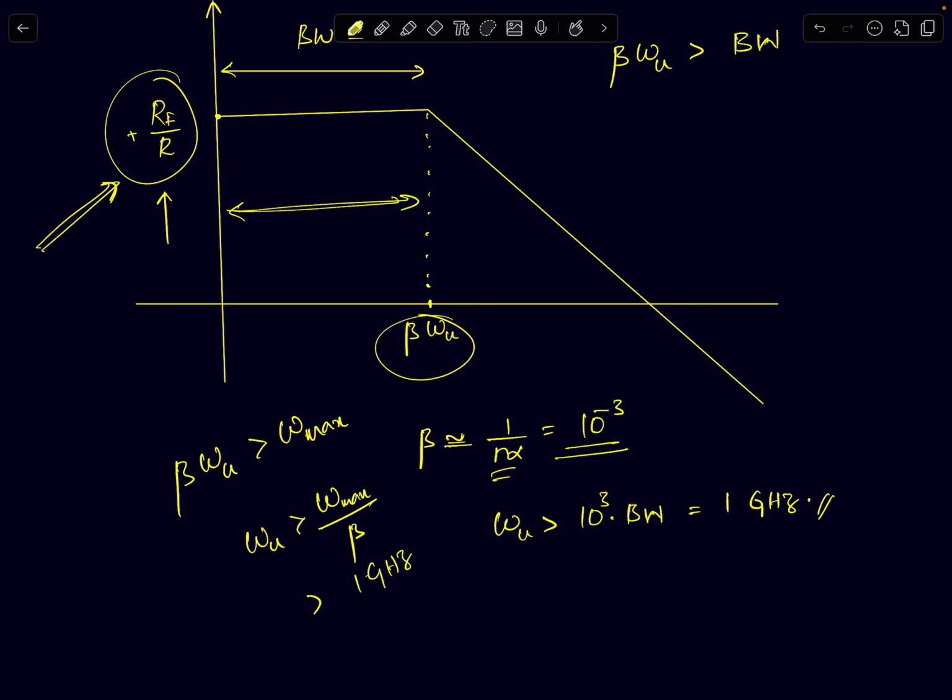You need your UGB to be at least 1 gigahertz for this Opamp, so that this adder circuit will behave like an adder for a frequency range of 1 megahertz. So that's how you calculate, and if you are to pick an Opamp, you have to keep this in mind. If your input frequency range is given, then you have to choose an Opamp with a UGB of at least 1 gigahertz for the circuit to work properly.